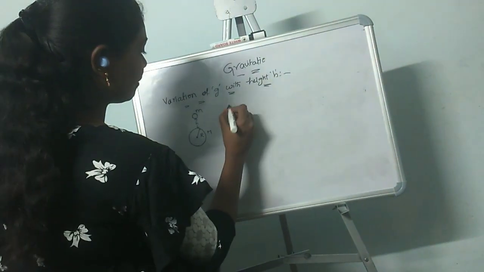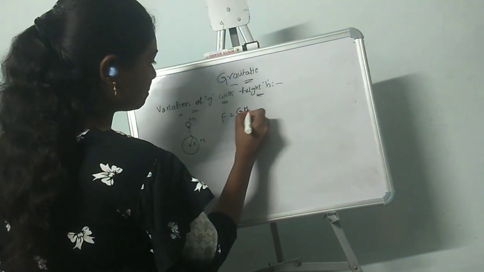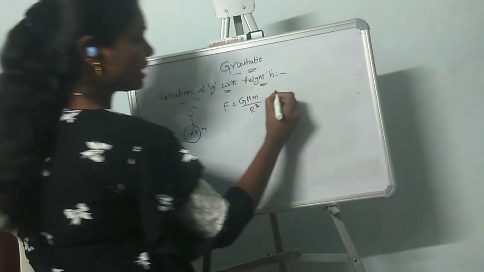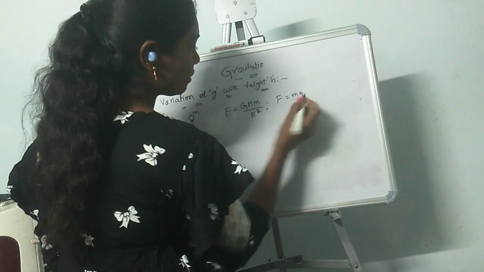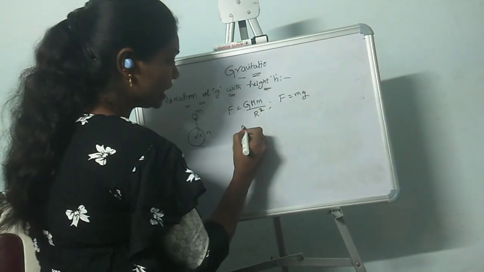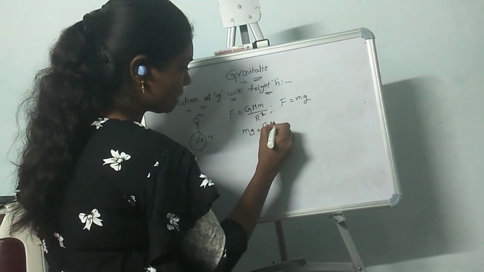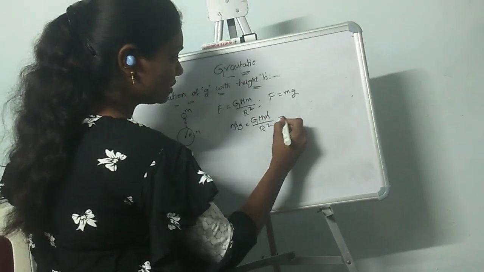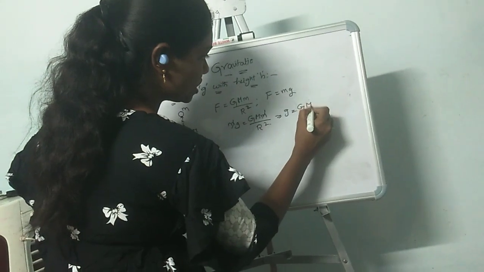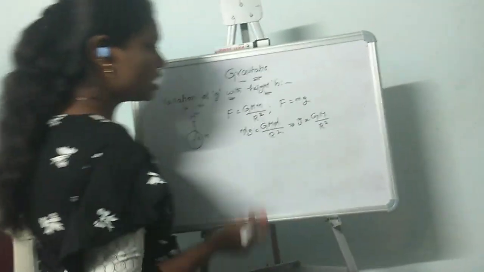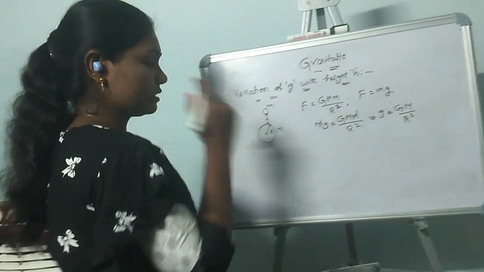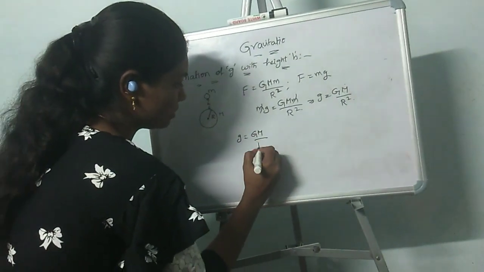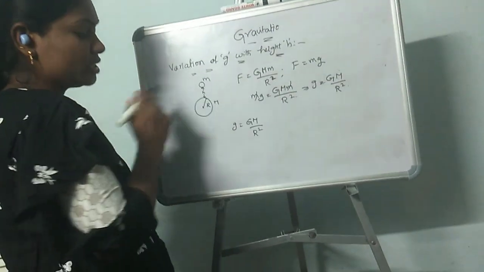By using the universal law of gravitation, F equal to GMm by r square, and from Newton's law we can write F equal to mg. Combining both equations, we get mg equal to GMm by r square, and then m cancels, so g equal to GM by R square for the Earth.